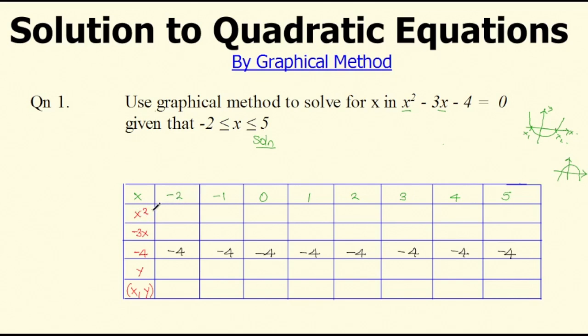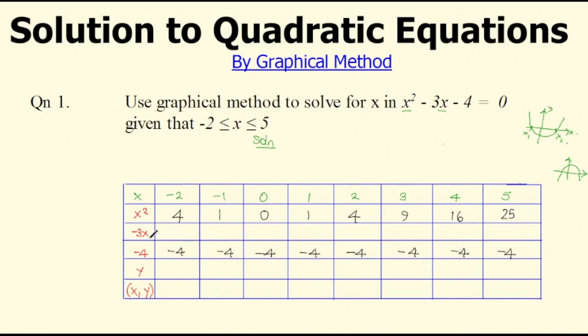So negative 2 squared, we get positive 4. Then negative 1 squared, we get 1, 0 squared is 0, 1 squared is 1, 2 squared is 4, 3 squared is 9, 4 squared is 16, and finally 5 squared is 25.